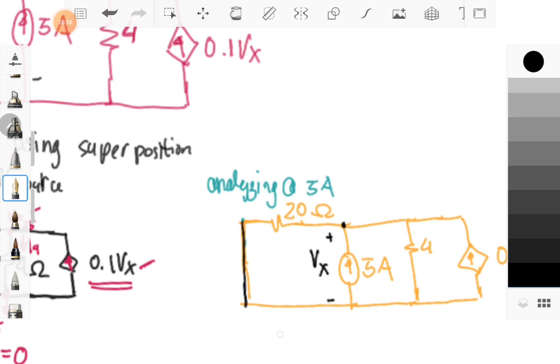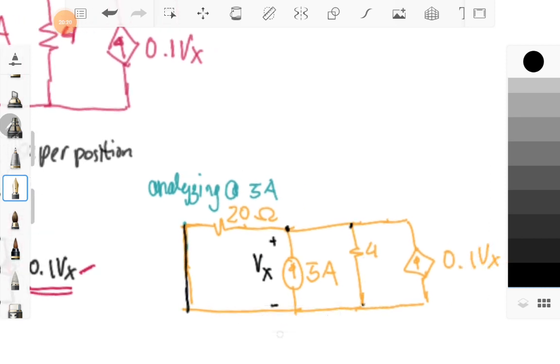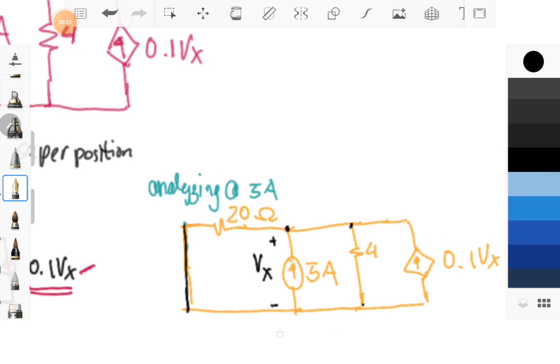Okay, ganun ba rin siya? This Vx is in parallel with this 4 ohm. But actually, so mas maganda siguro pag black na lang, no? So maganda siyang tingnan pa rin.